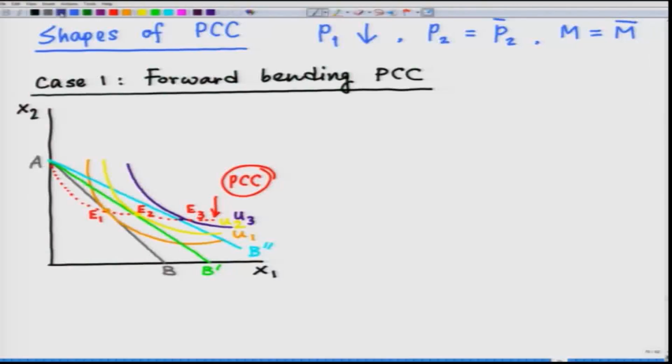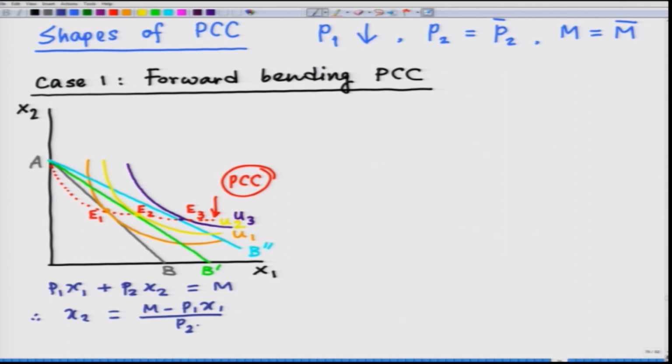So, let us look at the budget constraint of the consumer. So, it is P 1 x 1 plus P 2 x 2 equals to M. So, M is the money income and P 1 x 1 plus P 2 x 2 is basically the expenditure on commodities 1 and 2. Let us rewrite this as x 2 equals M minus P 1 x 1 over P 2.